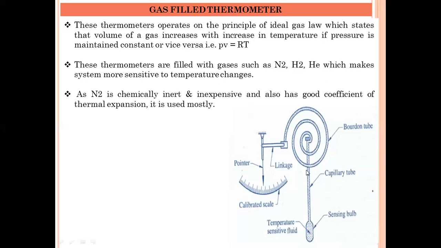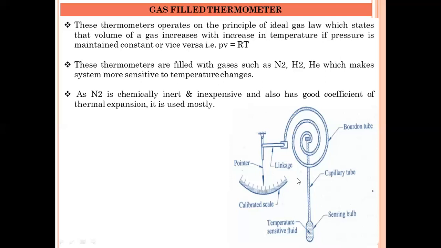Because of the volumetric expansion of this sensitive fluid, the Bourdon tube gets elongated, and because of this the pointer moves on the calibrated scale, from which we can take the reading of the temperature. So this is how the gas filled thermometer operates.